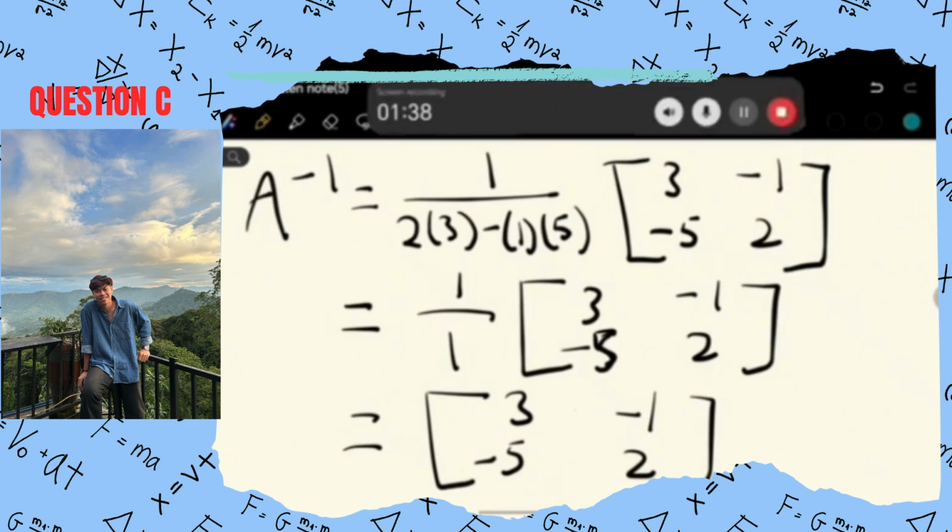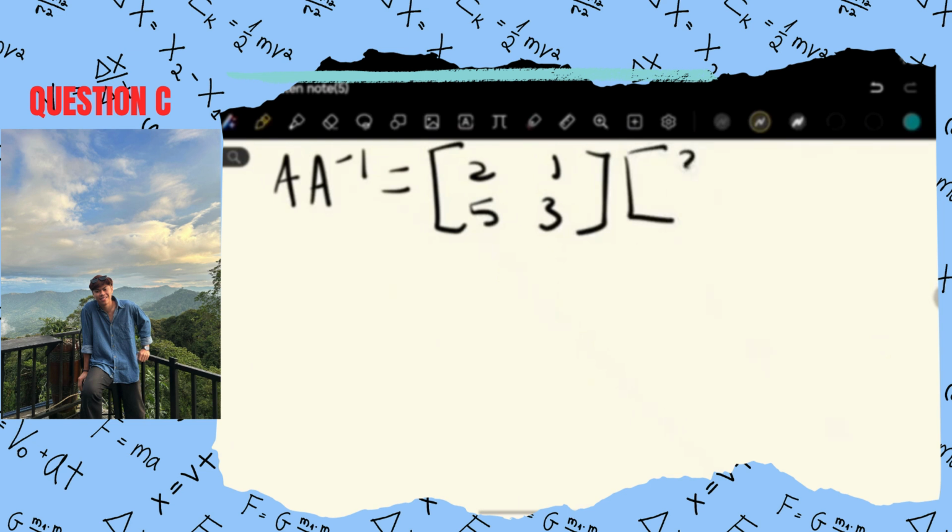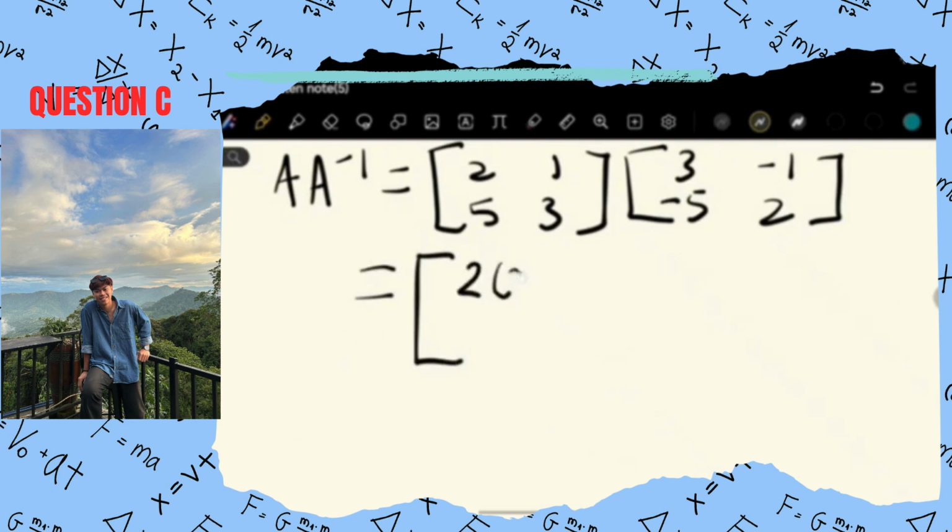Okay. Next, we will find A multiplied by A inverse, which is 2, 1, 5, 3 multiplied by 3, negative 1, negative 5, 2. So how to solve this question? We just multiply it. 2 times 3 plus 1 multiplied by negative 5.